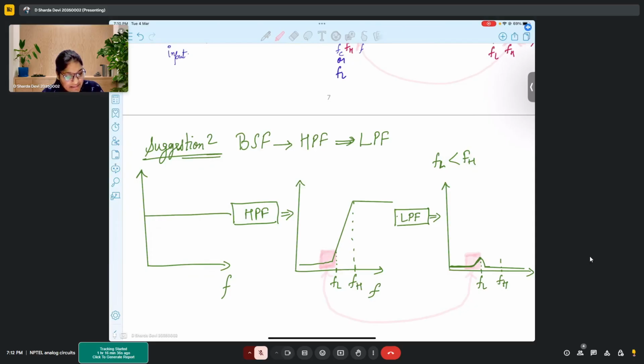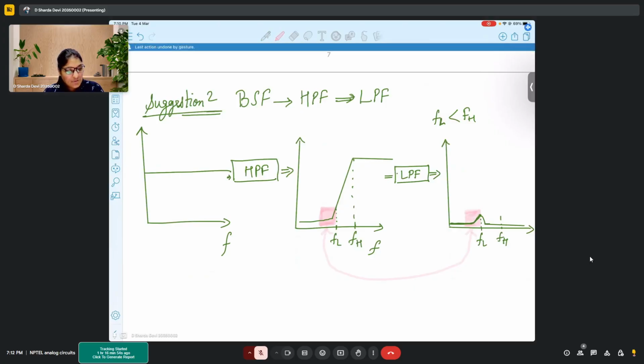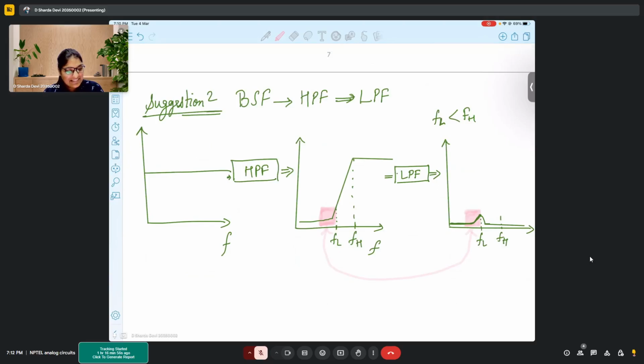It's just that first you did low pass filtering, the high pass filtering, and followed by low pass filtering. Do you see band stop filtering behavior? No, madam. No, right? So this also does not work, right?